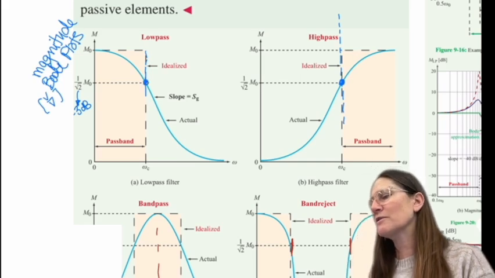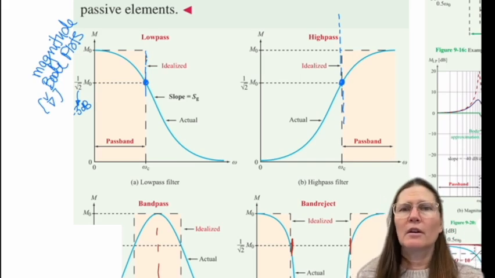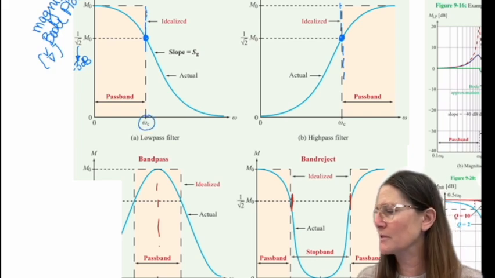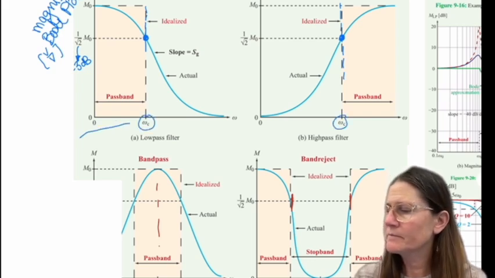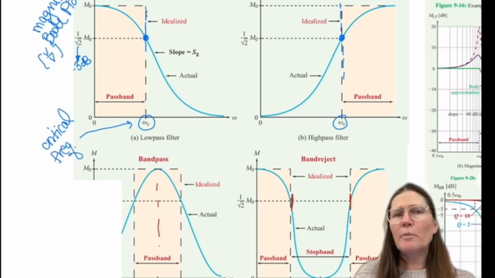So that helps define that exact point, and that will be considered your critical frequency. So those are for the low pass and the high pass.